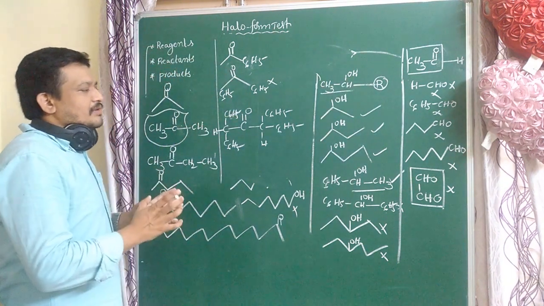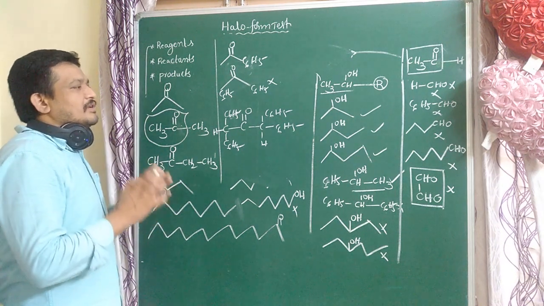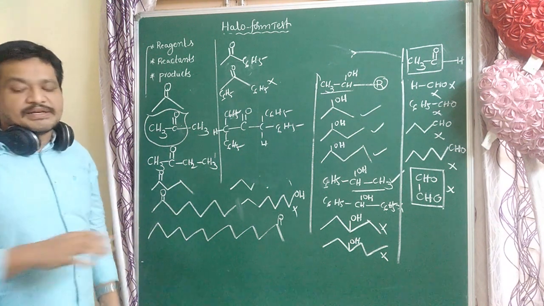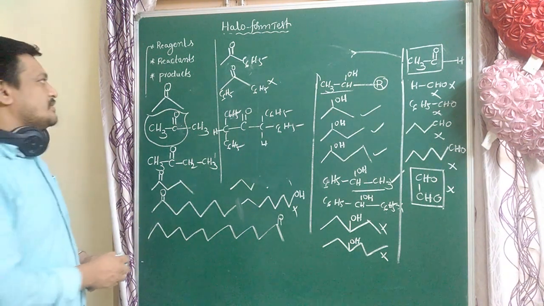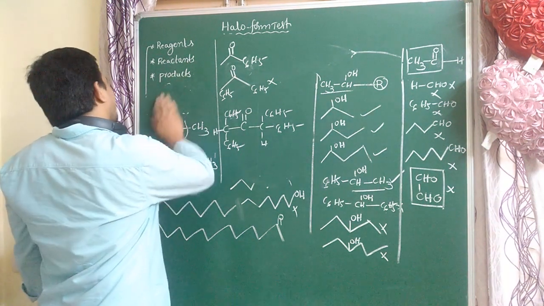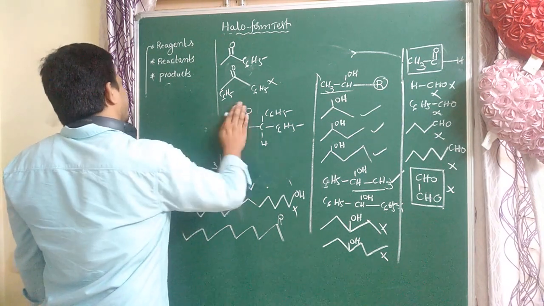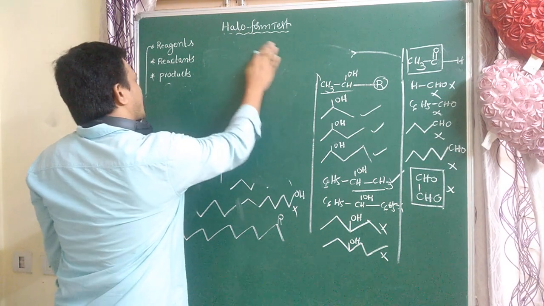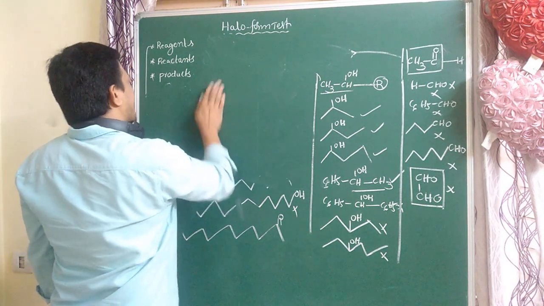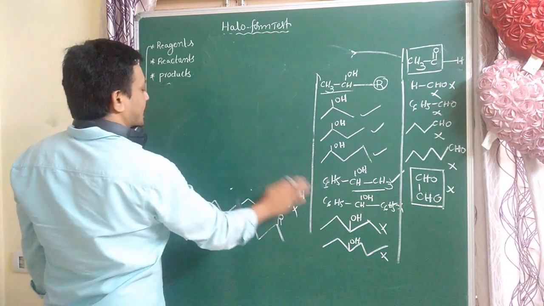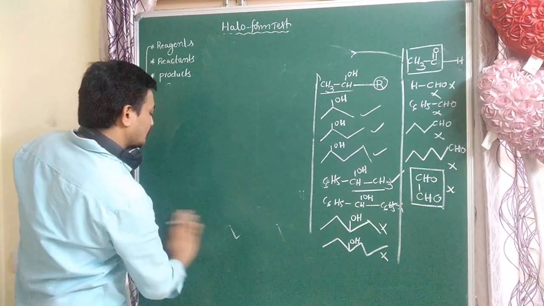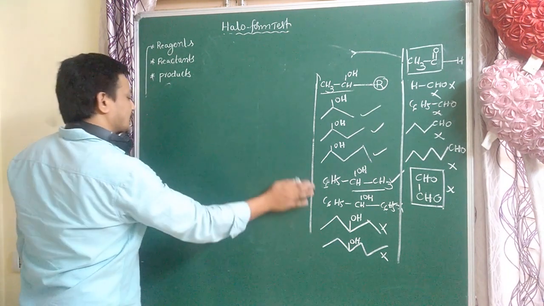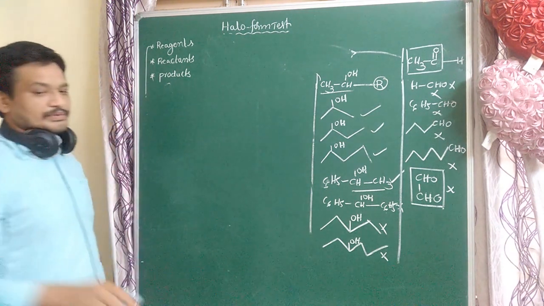Which are involved and which are not involved in the Haloform test is very important. Here the reagents are important. What are the reagents, students? Halogens with base, which give hypohalite ions. The hypohalite ion is very important.